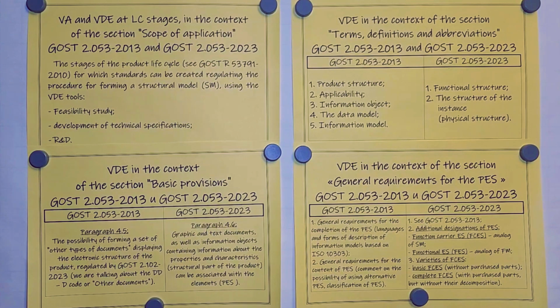The following main types of product electronic structure are listed in paragraph 6.2: functional, constructive, production and technological, physical, operational, and combined.